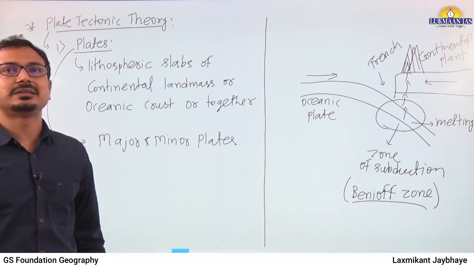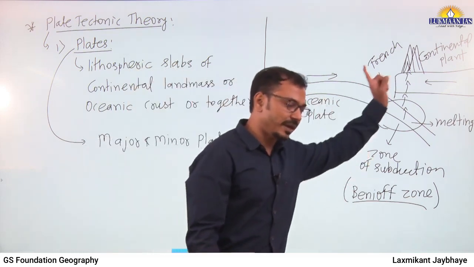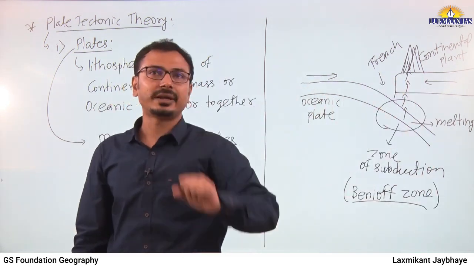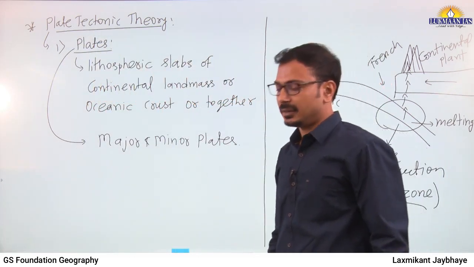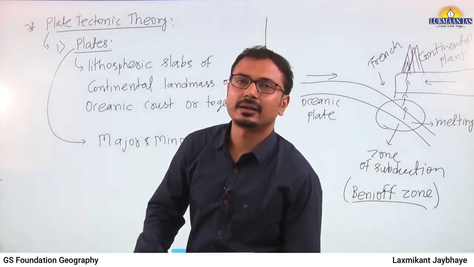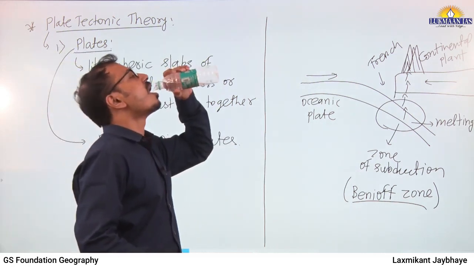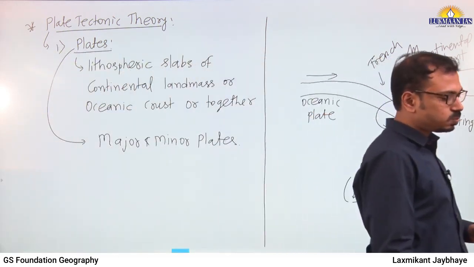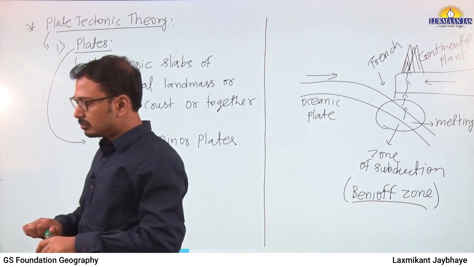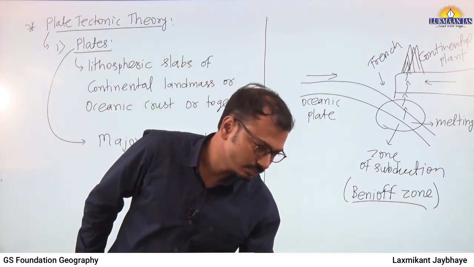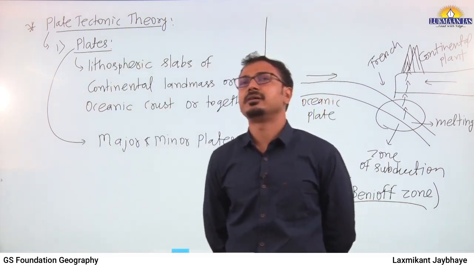So that means these mountain ranges. Here the example we were talking about is the Pacific plate and South American plate. Which is the mountain range located there? Look at the atlas, South America physical map.